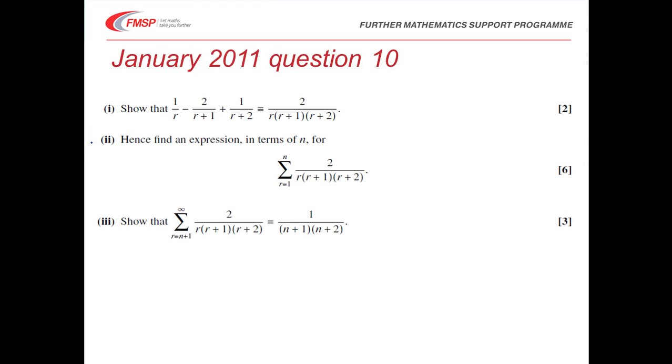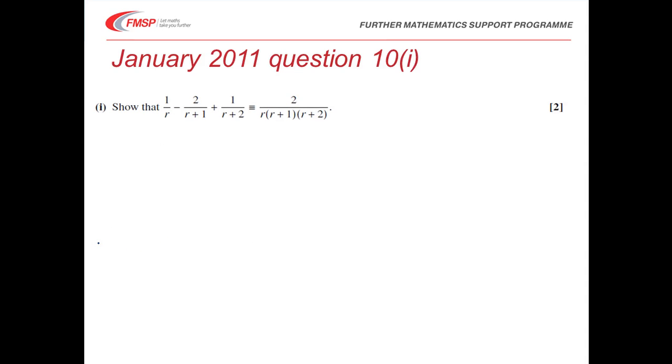In part 2 it says, hence find an expression in terms of n for the sum from r equals 1 to n of 2 over r(r+1)(r+2). And in the last part we're asked to show that the sum from n plus 1 to infinity of 2 over r(r+1)(r+2) is equal to 1 over (n+1)(n+2). So 3 parts to have a look at, so let's start by doing this first part.